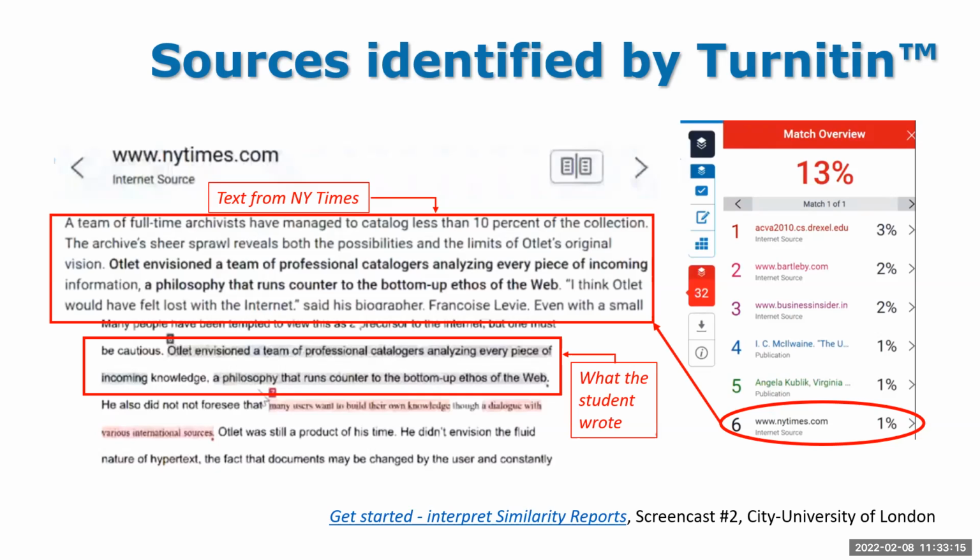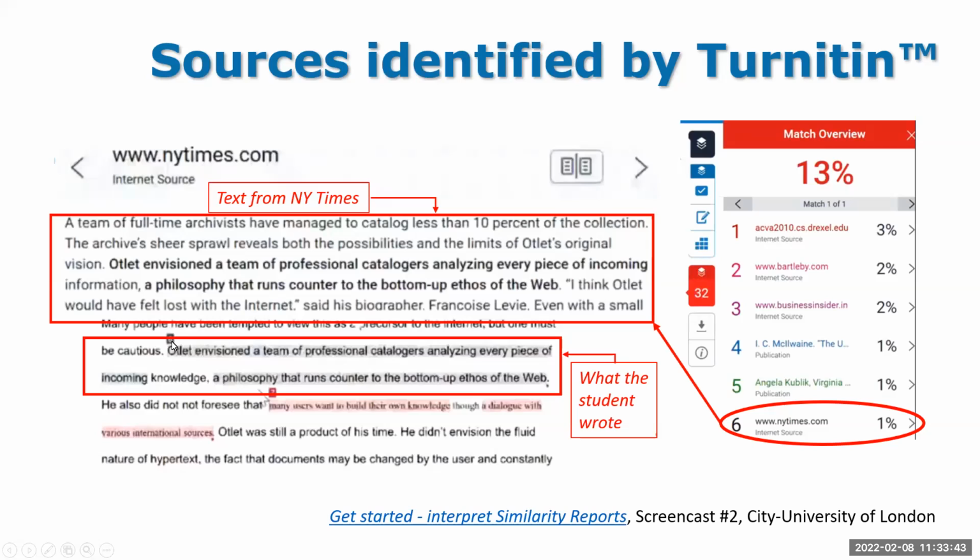They matched something to a New York Times article. And this is the text up here for the New York Times article. I don't know if you can see it, but the darkened spot right here is the matching text. And then if it's turned on, it's color coded in your paper.